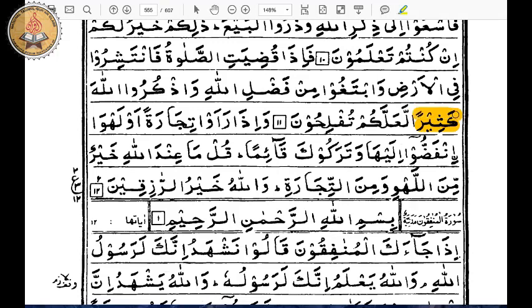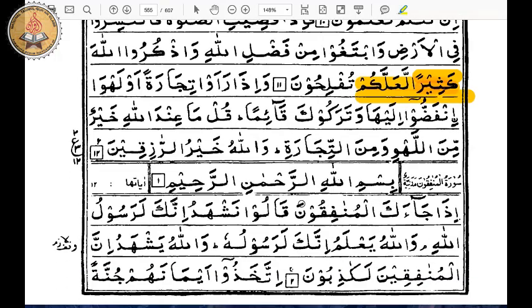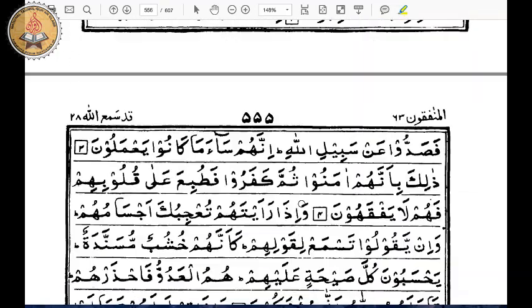So read it as if you're not stopping. كثيرا. Very good. If you're going to join it with this here, with the lam mushaddad, how are you going to read these two words together? كثيرا لعلكم. Excellent, very good.